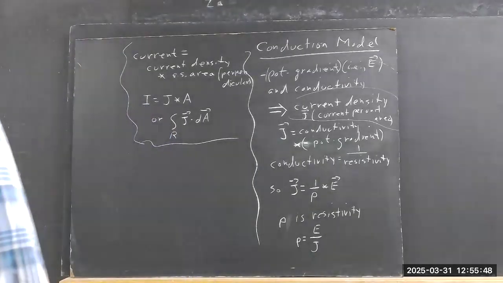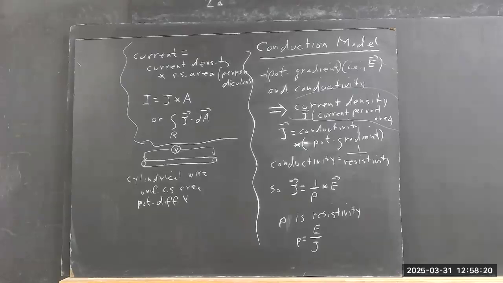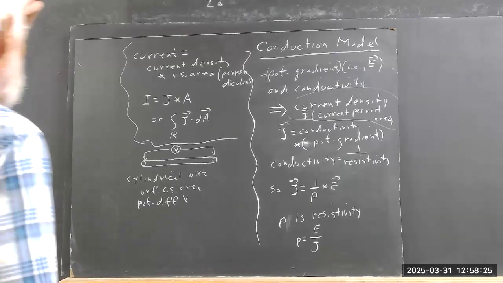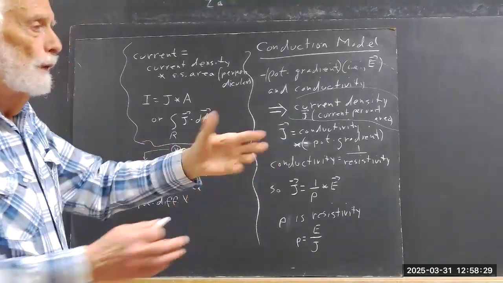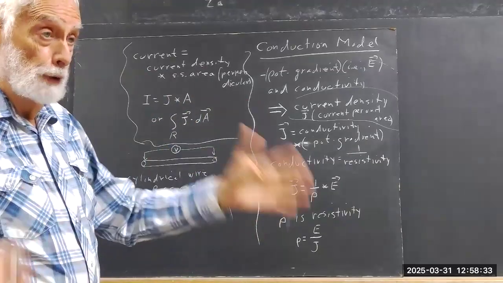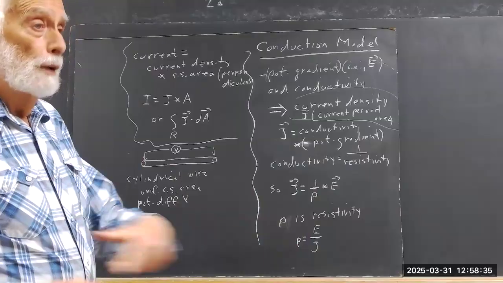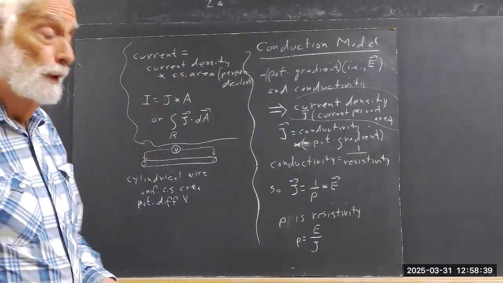Again, I'm just trying to reconcile this with the presentation you'll have in your text. Your text gets a little more formal than we have. What we've dealt with in lab is a wire with constant cross-sectional area, potential difference across that wire, the current, conductivity, resistance, and so forth.